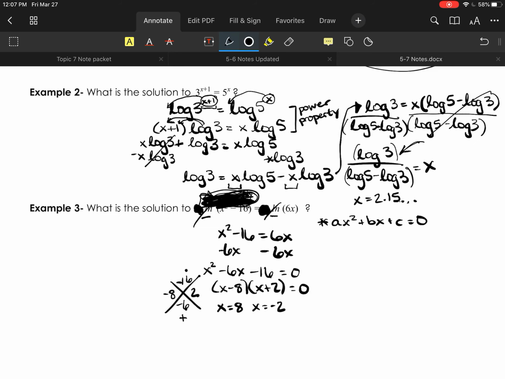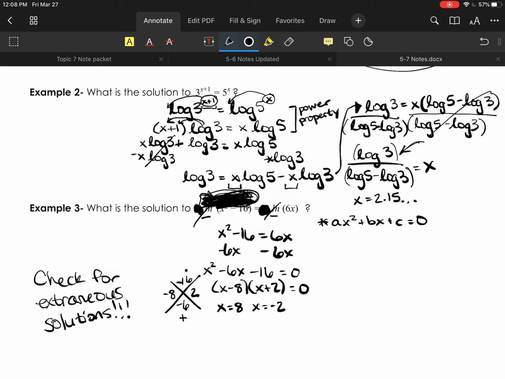You do need to check for extraneous solutions. So the rule is the argument of your log cannot be 0 or something negative.